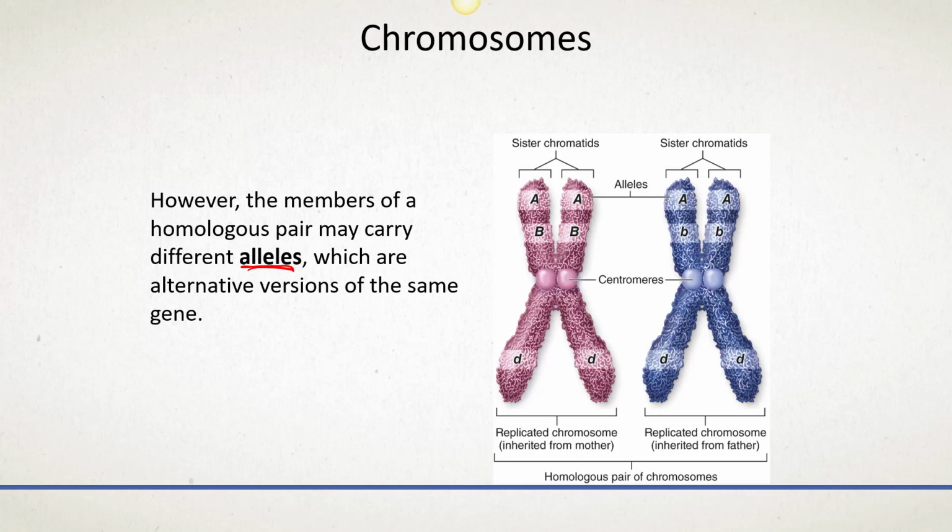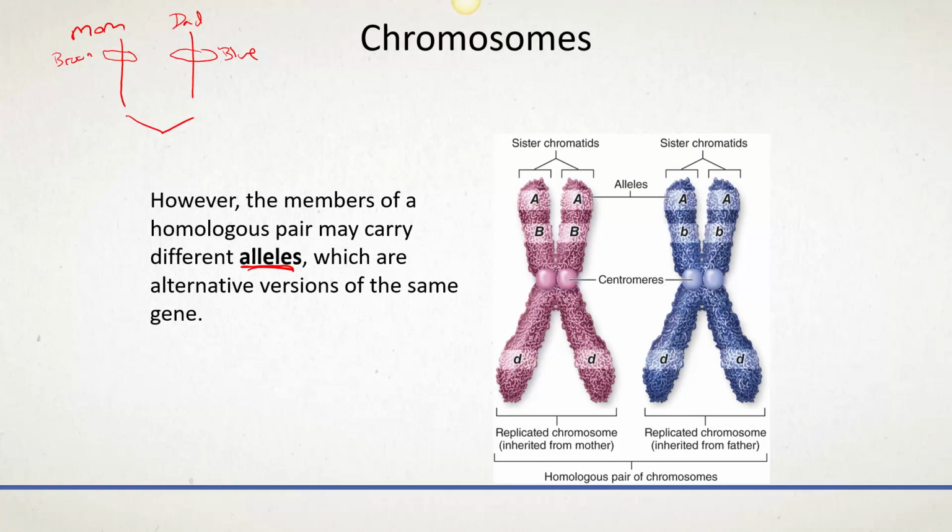So let's give an example. Let's say that your mom has brown eyes. So if we are saying that there's a location on a chromosome that codes for eye color, mom has the brown allele, and your dad has blue eyes. And let's say that location is the blue allele. As their offspring, you inherit both of these copies of the gene.